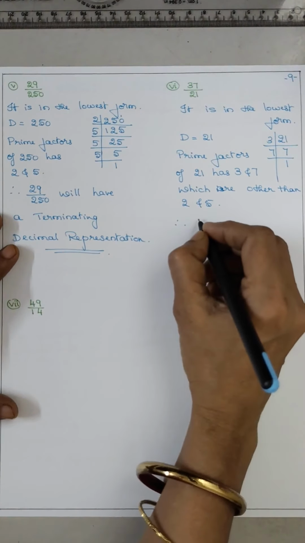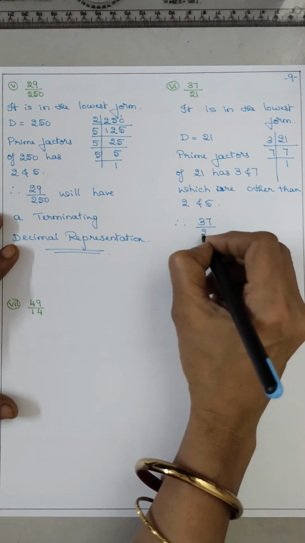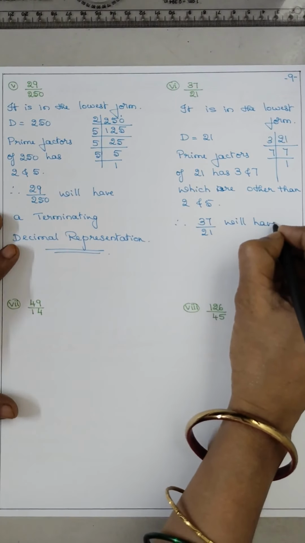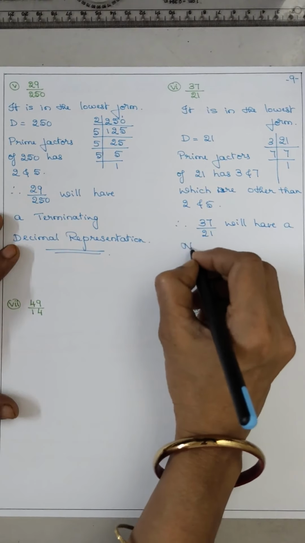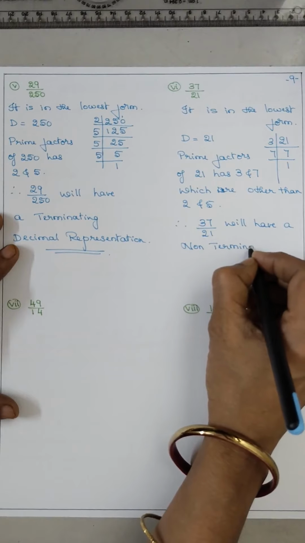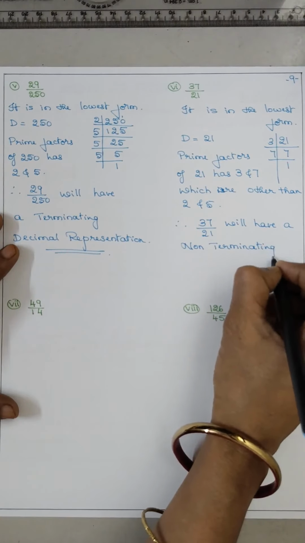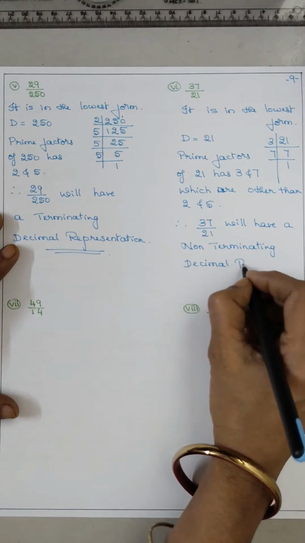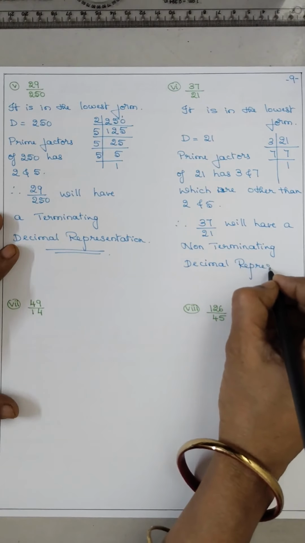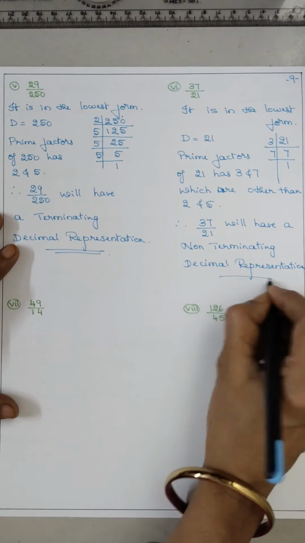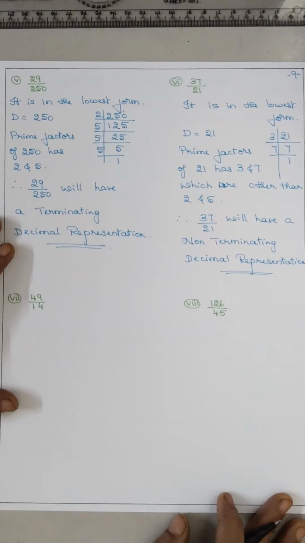Therefore, 37 by 21 will have a non-terminating decimal representation. Isn't it?